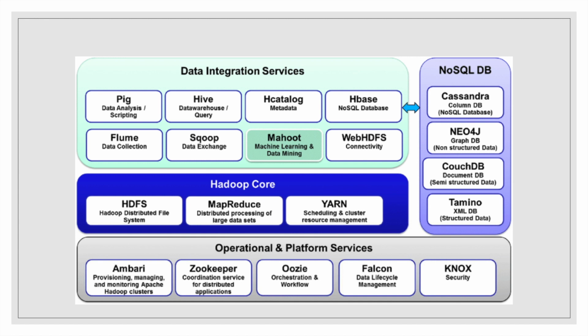The second thing we will do is the Hadoop core. And the last thing we will do is operational and platform service, like ZooKeeper, Oozie. I will do a specific introduction in the next couple of slides.